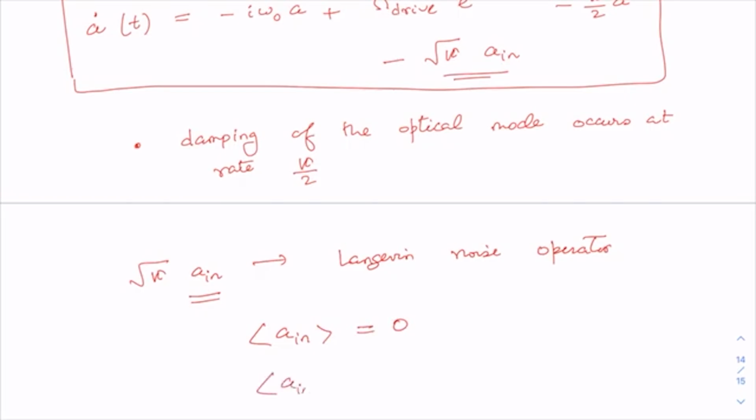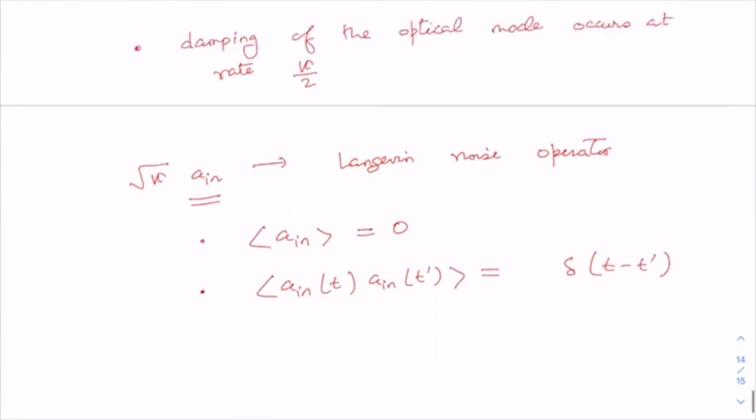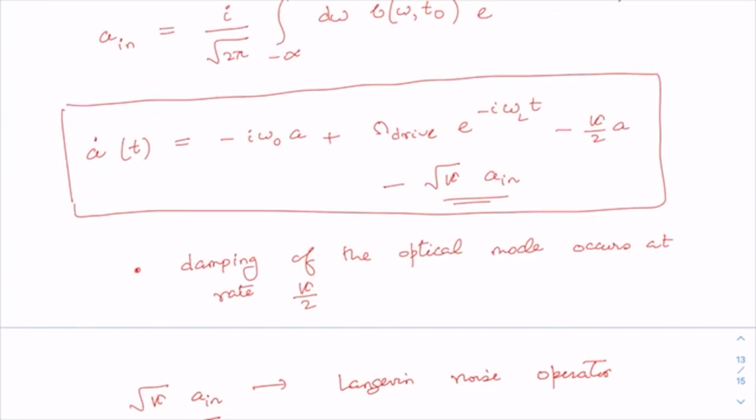So the autocorrelation of a in of t and a in of t dash would turn out to be a delta function. You know that these are the properties of quantum Langevin noise also, and hence we can identify this last term as nothing but the Langevin noise.